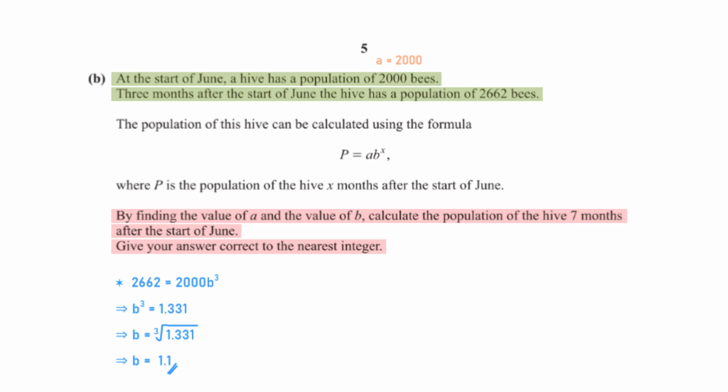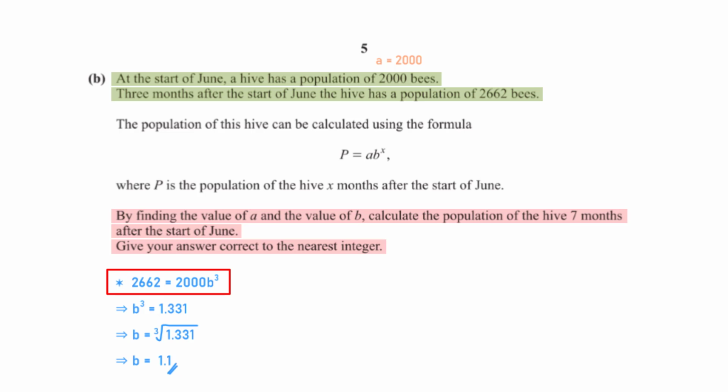In the given formula, A represents the initial number of bees, which has already been given as 2,000. So now let's find the value of B. We are told 3 months after the start of June, the hive has a population of 2,662 bees. So we have 2,662 equals 2,000 B cubed.